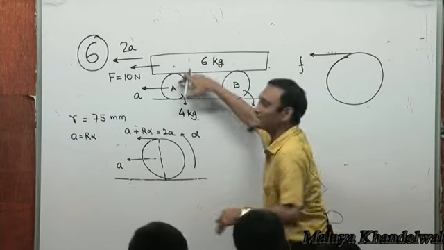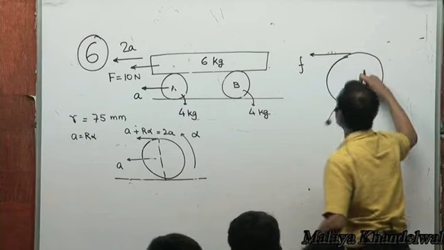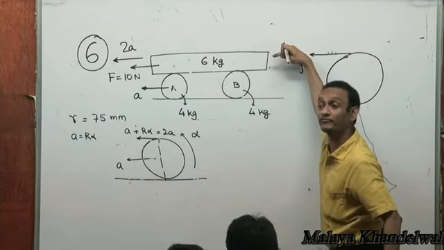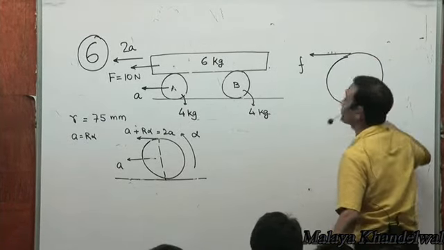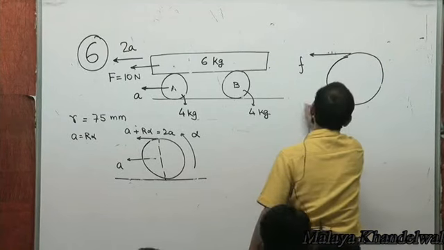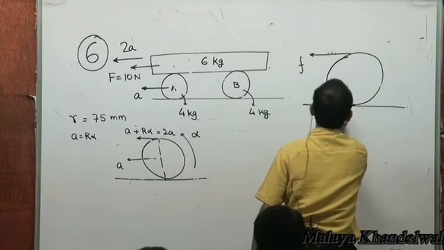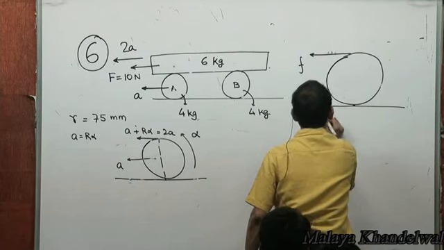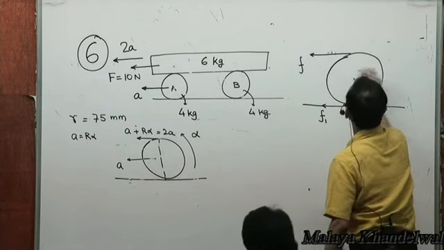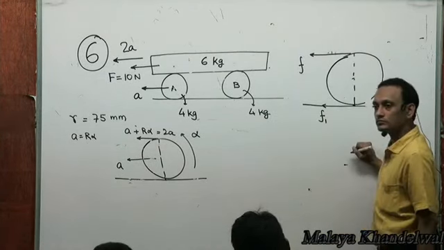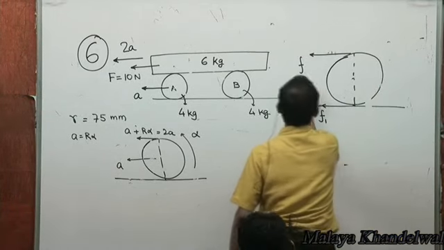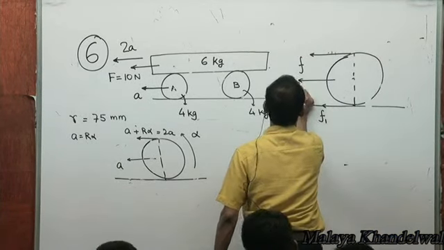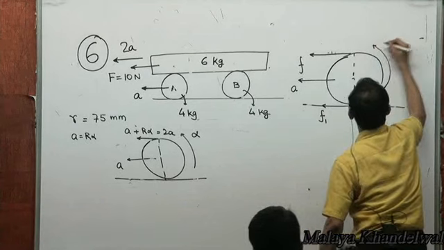Nature of friction must be static. Let's say the carriage exerts on the disk a static frictional force F like this. Then there is friction between the ground and the disk. Now you may not necessarily know the direction. You can take arbitrary directions. Say F1 is the frictional force between the disk and the ground. And the net effect of these is an acceleration A and an angular acceleration alpha.